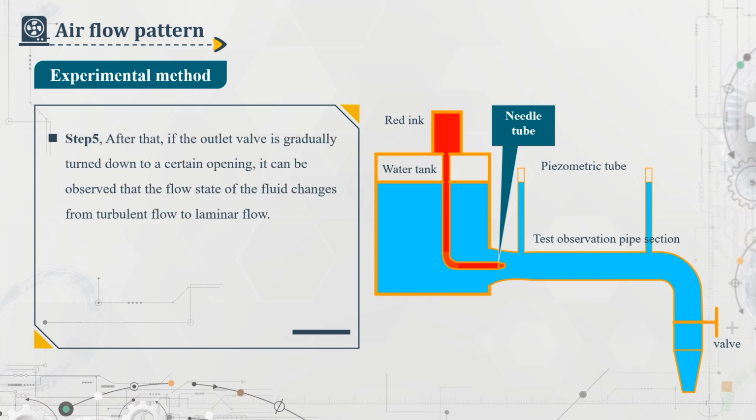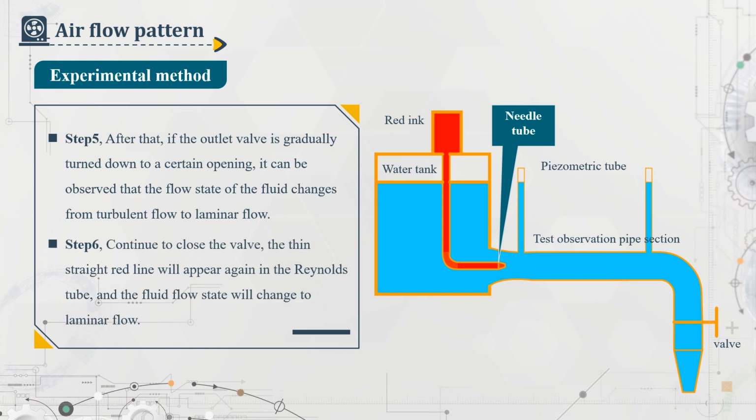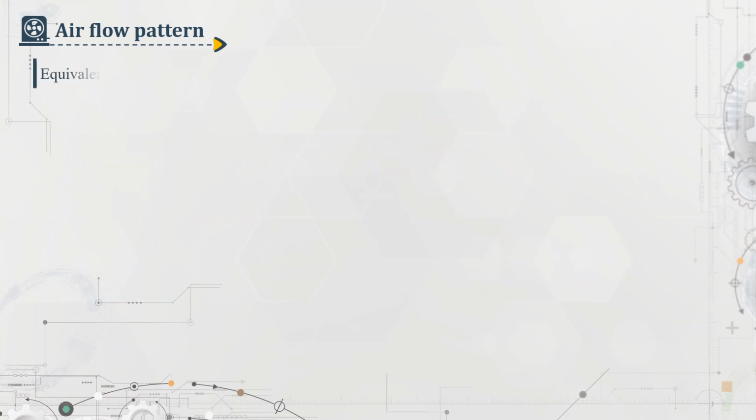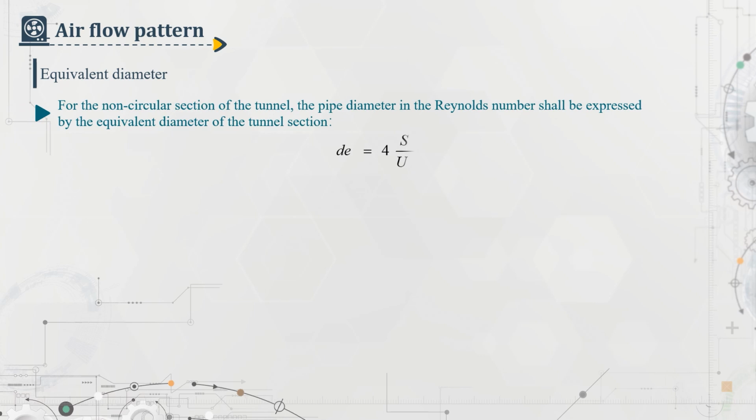After that, if the outlet valve is gradually turned down to a certain opening, it can be observed that the flow state of the fluid changes from turbulent flow to laminar flow. Continue to close the valve. The thin straight red line will appear again, and the fluid flow state will change to laminar flow.